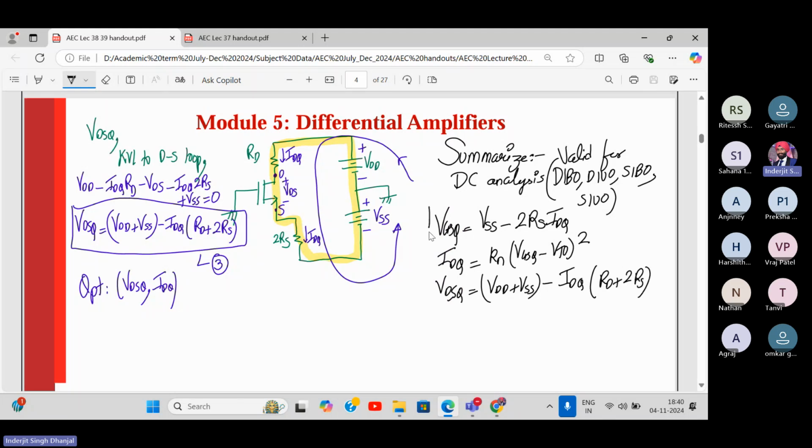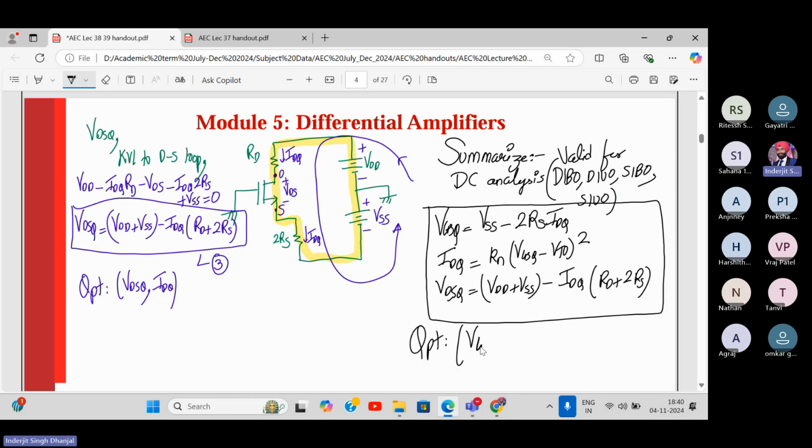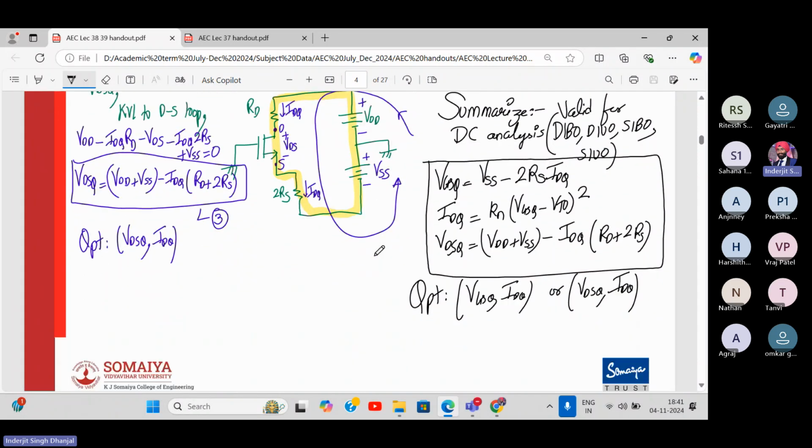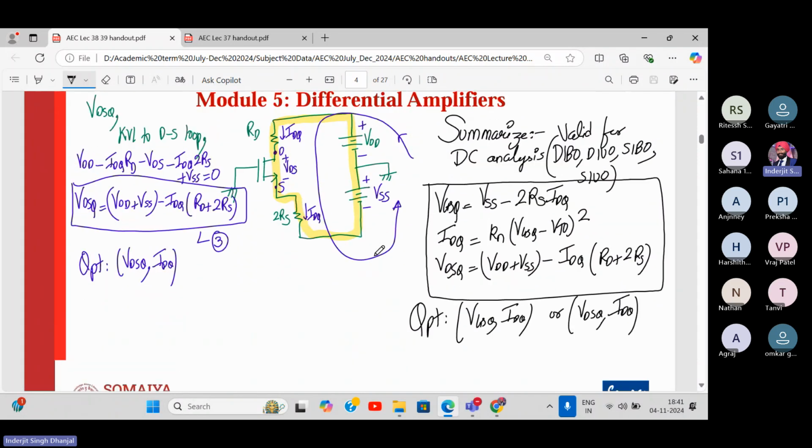Okay, so these are the 3 equations from which you find the Q point. Either VGSQ, comma IDQ or VDSQ, comma IDQ. Understood? So this will summarize the DC analysis for this circuit.